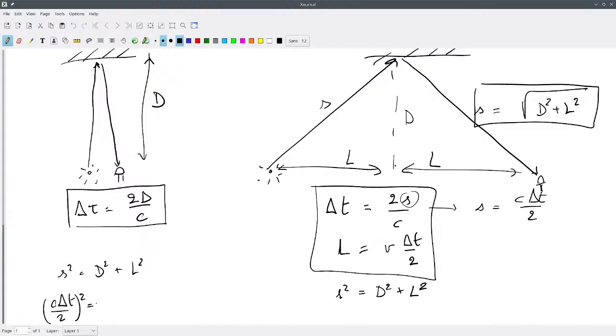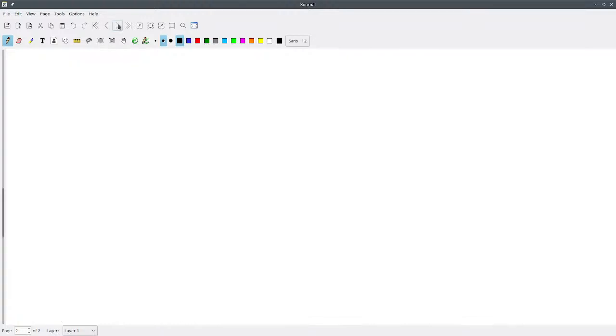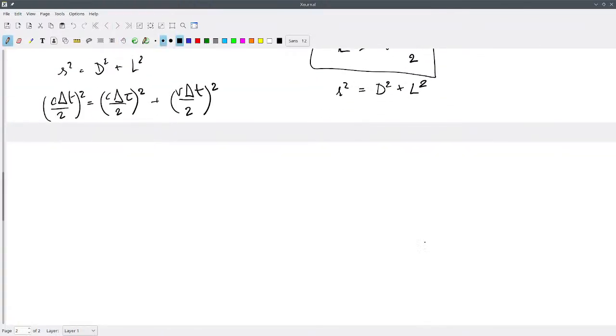That's equal to d squared. So d is c delta tau over 2. That's c delta tau over 2 squared. And L is v delta t over 2, plus v delta t over 2 squared.